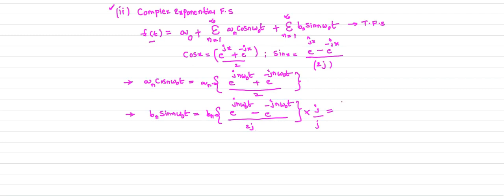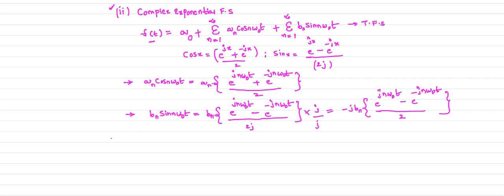Now I move the minus 1 in the denominator to the numerator, so that I will get minus j bn of e power jn omega naught t minus e power minus jn omega naught t, divided by 2. So that is your second factor in terms of the complex exponential functions.